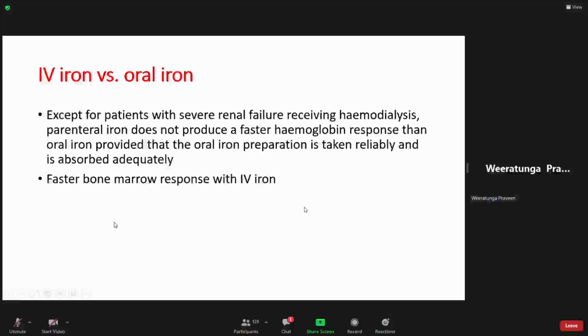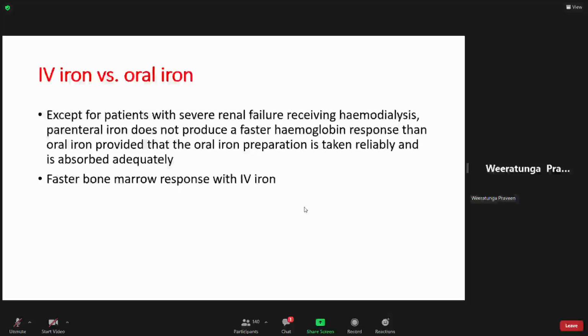And we talked about parenteral iron. Parenteral iron is very commonly used in patients with renal failure and also patients with heart failure. Both of these conditions are conditions where the gut is edematous. Renal failure, heart failure, the gut is swollen and cannot absorb iron. So the better way of giving iron is intravenous.